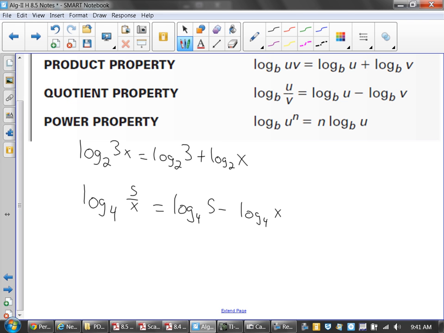And then the last one is what we call the power property. The log base b of something raised to an exponent: you put the exponent in front of the log.